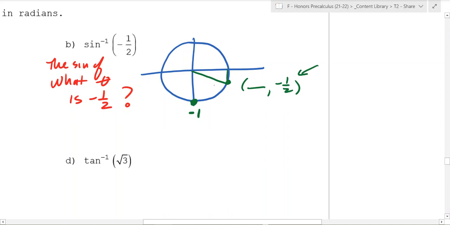And you might remember that that theta value would therefore be -pi/6, -30 degrees. So in this case, it's going to be -pi/6. You'll also remember that over here is also a potential answer. So another way to say that is you add pi/6 to pi, so you get pi plus pi/6, which is 7pi/6.